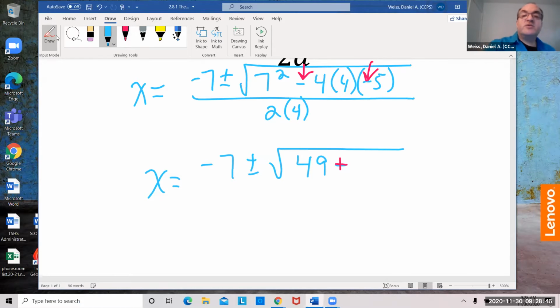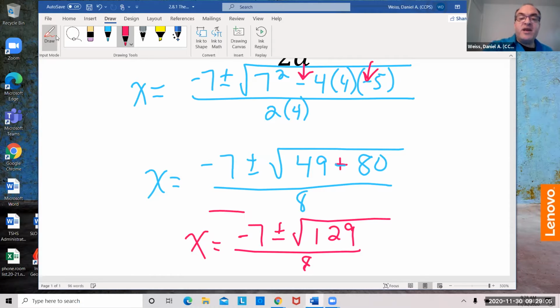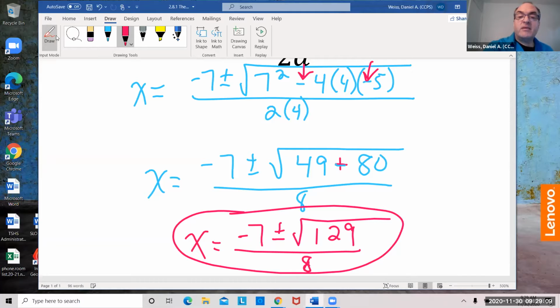So it's going to be plus 80, all over 8. Final answer, x equals negative 7 plus or minus square root of 129 all over 8. Done. Okay.